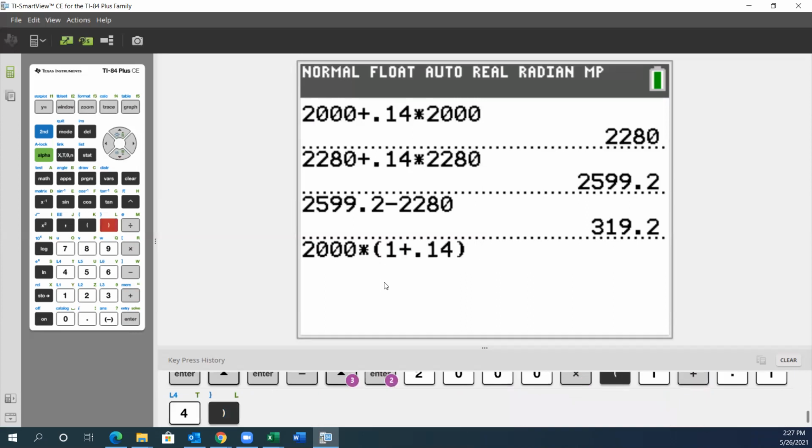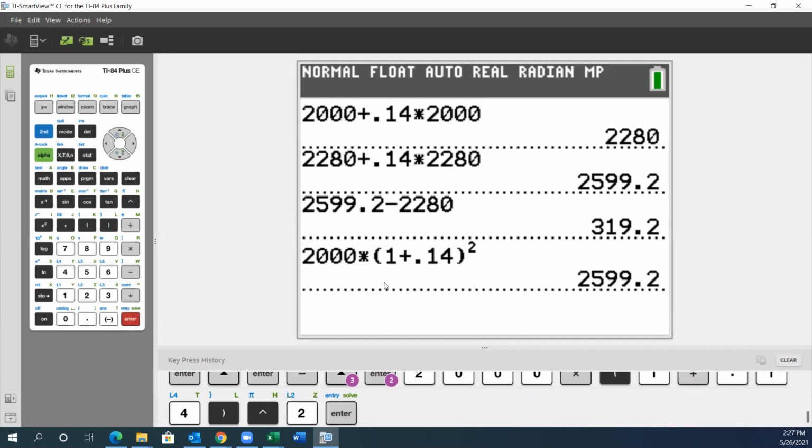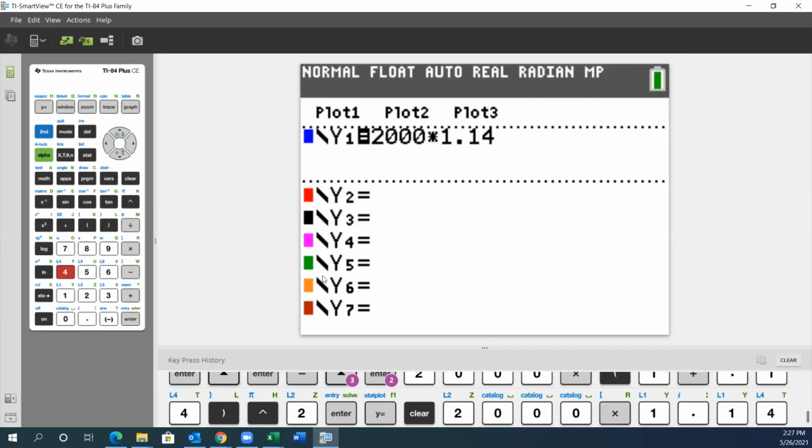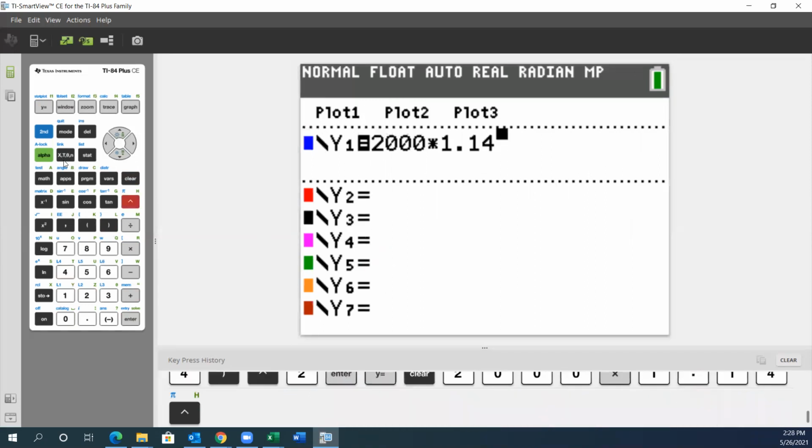And then you could ask, how many years do we want to do? Let's do 2 years. Okay, $2,599.20 is what it is. You could just have that function there, or you could even put it right here as 1.14 raised to the x.